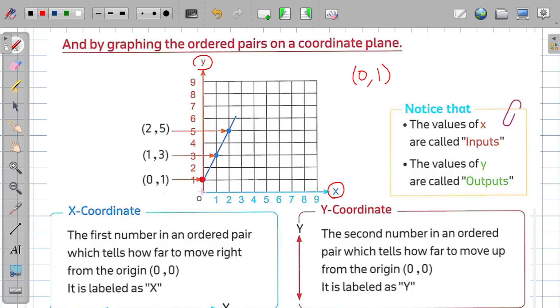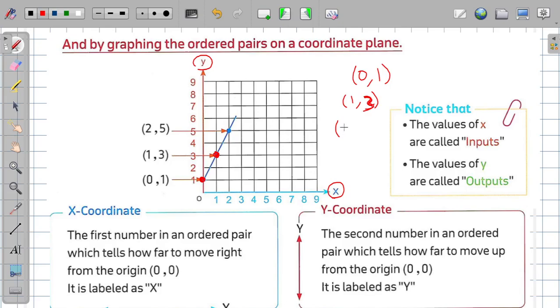So the first ordered pair here is 0 and 1. The second ordered pair is 1 and 3. So I will go to 1 here, and I will go up to 3 here. I will stop here, and this is our second point.